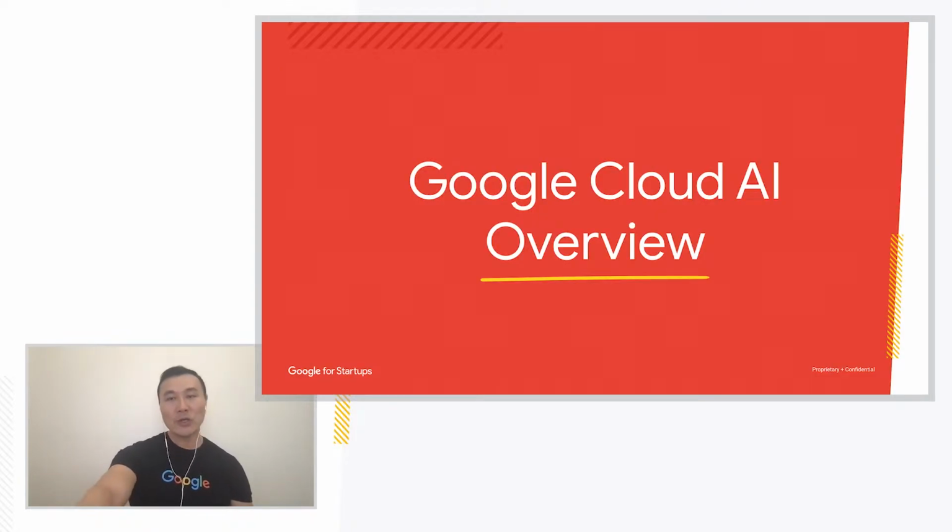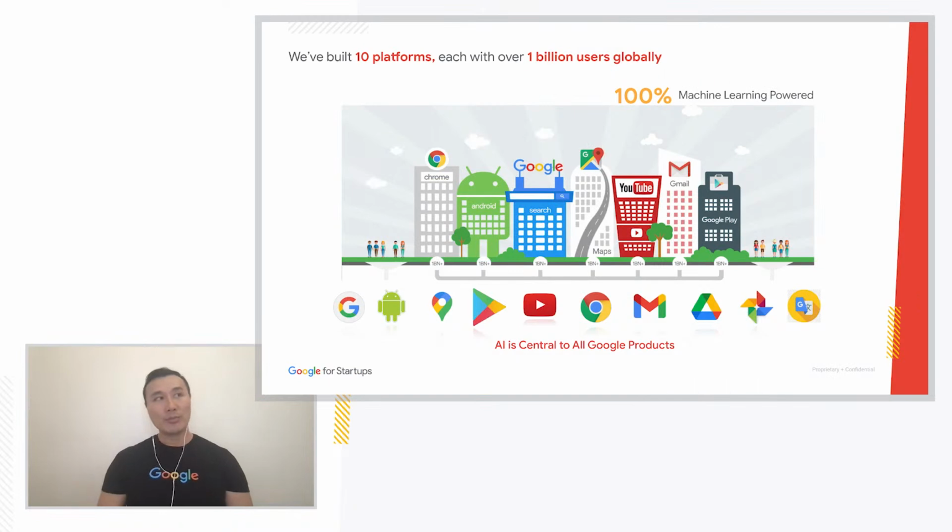So if we look at our approach to artificial intelligence, Google as a whole has over 10 platforms with over 1 billion users globally. And we apply machine learning to all of these platforms, right? If you go into Gmail, for example, you have the auto completions and those types of things.